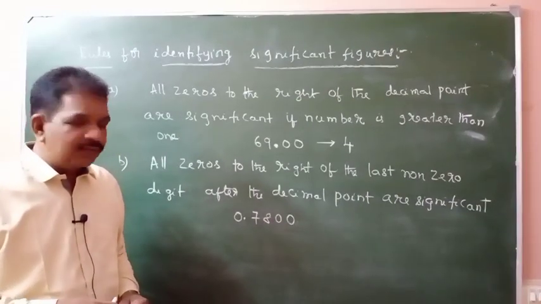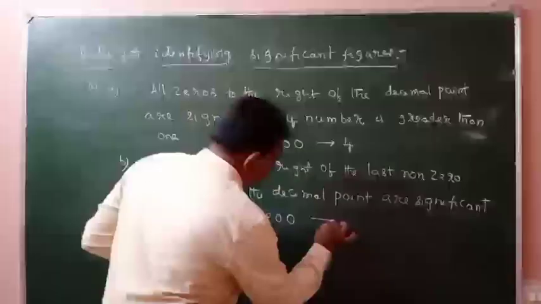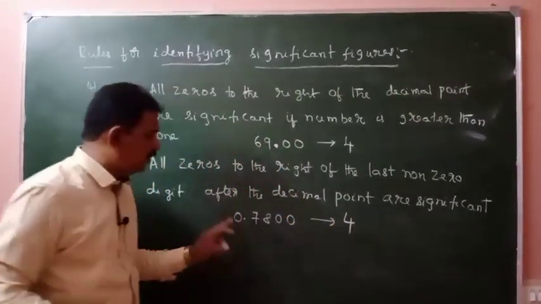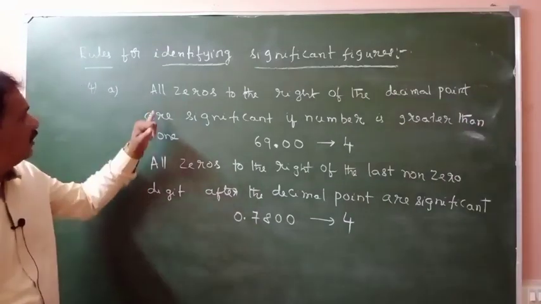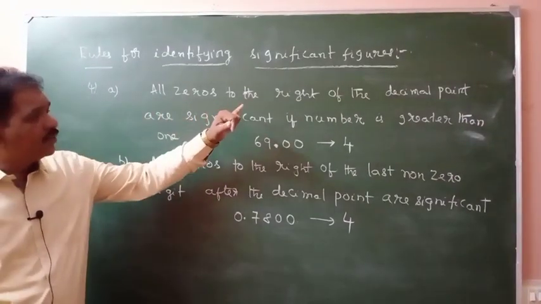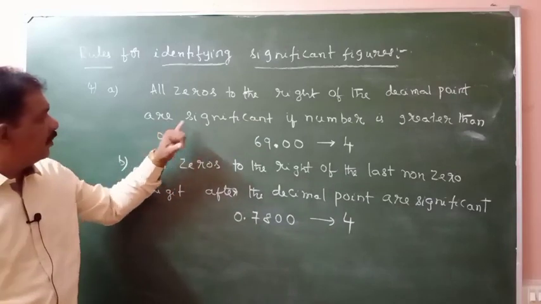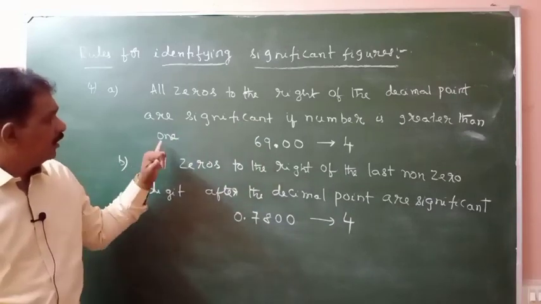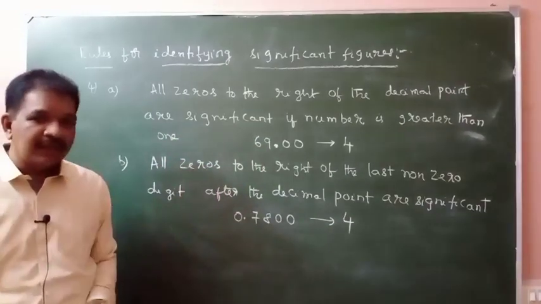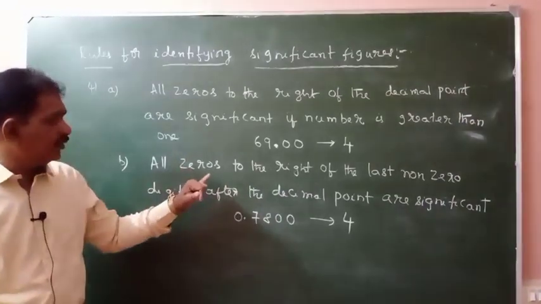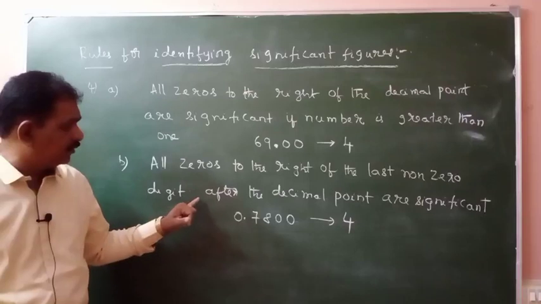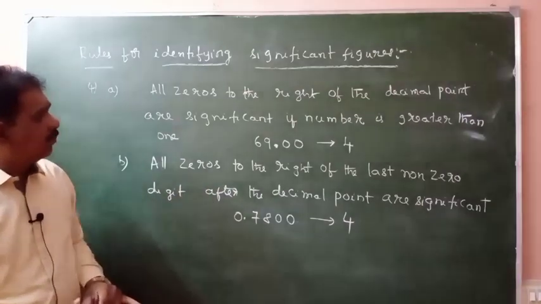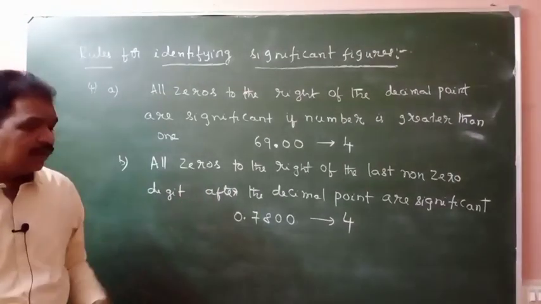Those are also significant, so it will also have 4 significant figures. Once again, all zeros to the right of the decimal point are significant if the number is greater than 1. All zeros to the right of the last non-zero digit after the decimal point are significant.